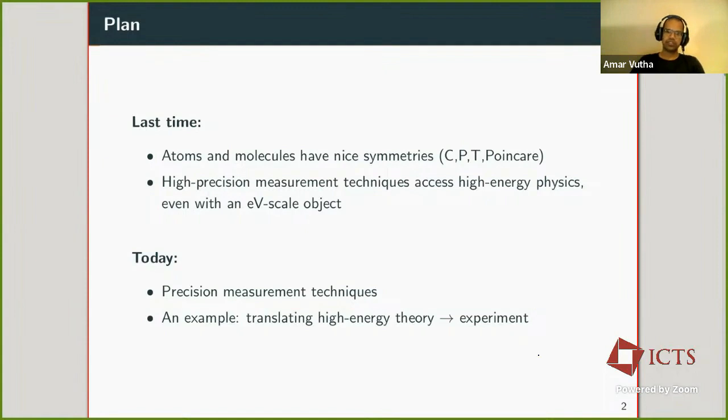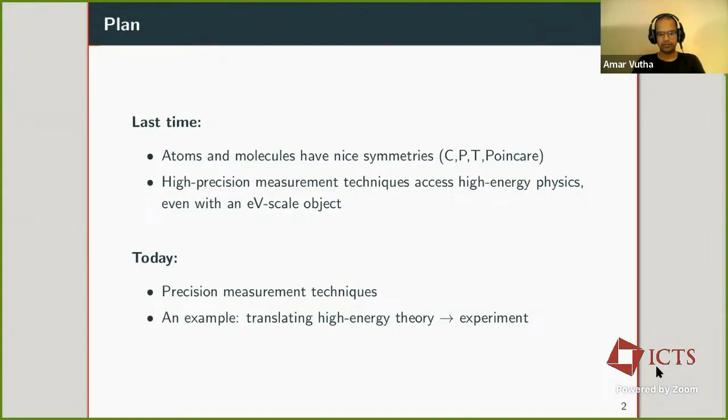The second thing we saw is that even though atoms are electron volt scale objects, and we're talking about physics happening at hundreds of tera electron volts, despite that energy difference, because of the extreme high precision that you can get with atoms and molecules, it's not really a problem. In fact, it can be quite sensitive to extreme high energy physics that's well beyond what you can reach with colliders.